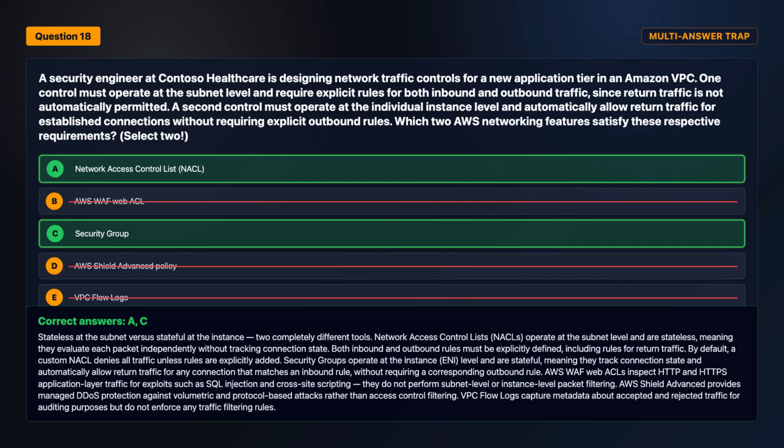They do not perform subnet-level or instance-level packet filtering. AWS Shield Advanced provides managed DDoS protection against volumetric and protocol-based attacks rather than access control filtering. VPC flow logs capture metadata about accepted and rejected traffic for auditing purposes but do not enforce any traffic filtering rules.